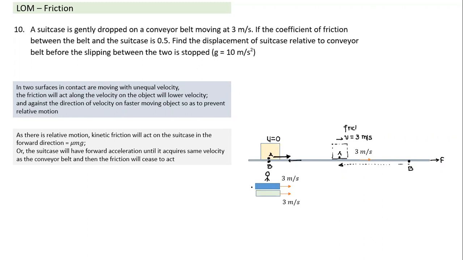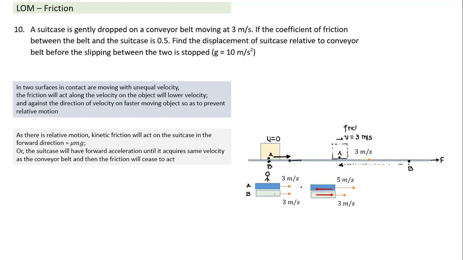There are two surfaces A and B in contact, and if both are moving at a velocity of 3 meters per second, just imagine two cars moving together side by side at 3 meters per second. To A, B appears to be at rest, and to B, A appears to be at rest. There's no relative motion, and the friction will not act.